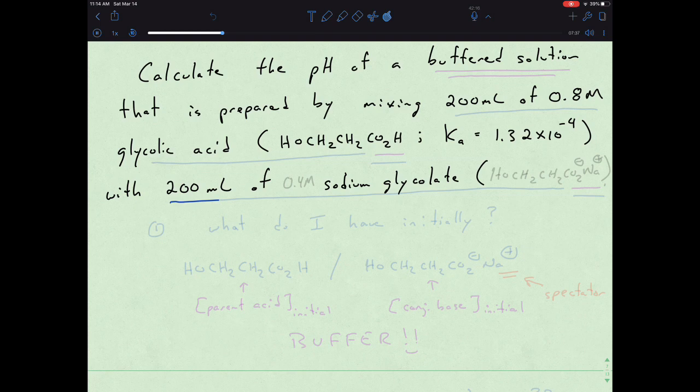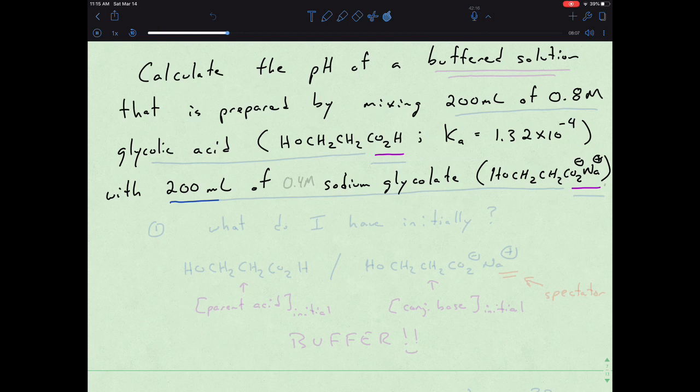And the structure for that is what we see here, where we have pretty much the same structure as the glycolic acid, but now instead of that hydrogen at the end, or that proton at the far right of the molecule with the CO2H, we now have that other metal ion, the sodium ion.